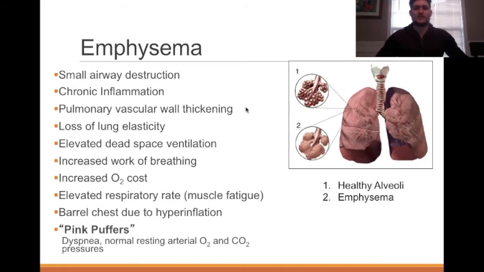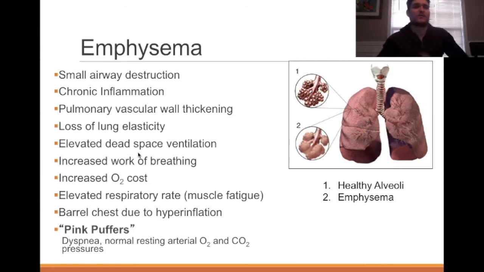We're getting destruction to the alveoli and the alveolar ducts because of damage, and this leads to chronic inflammation. What results is a loss of lung elasticity, which is not going to be good for our respiratory volumes. And then we get thickening of the alveolar wall, which we know is not good for the diffusion of blood gases. As those alveolar walls become thicker, it gets harder and harder for oxygen and carbon dioxide to transport.